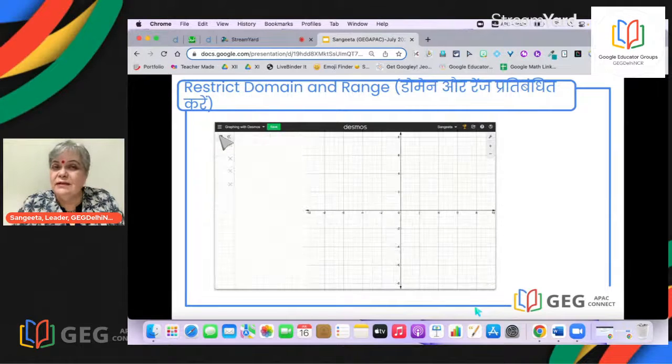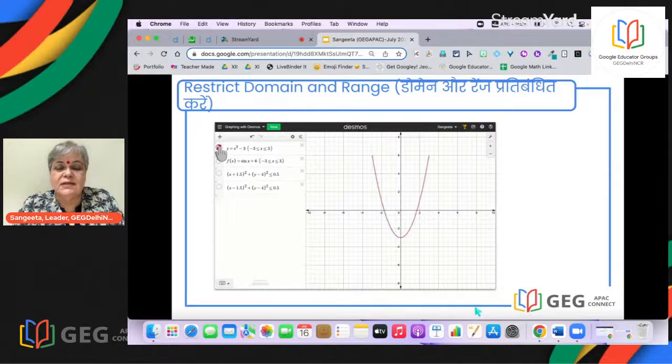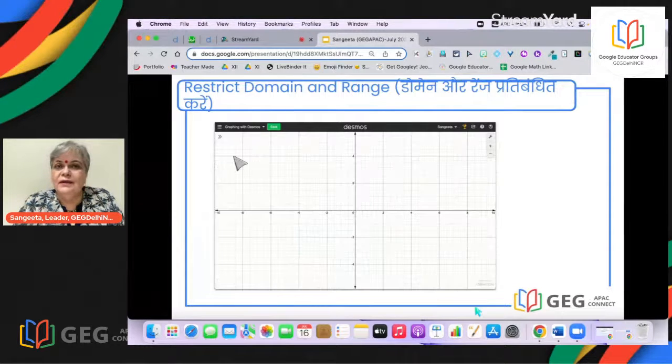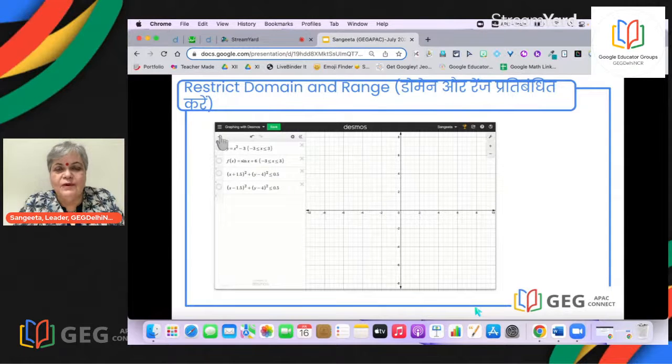For me as a grade 11 and 12 maths teacher, functions are important, and much more than that are the domain and range of functions, which children often get very nervous and confused with. But if we give them an opportunity to just play, not worry about whether it is working or not working, it does help them to embrace this concept.